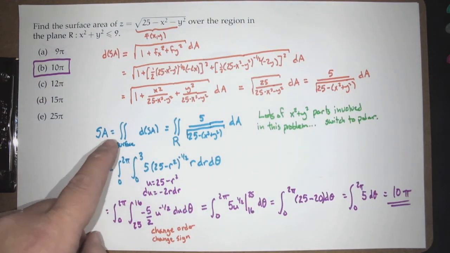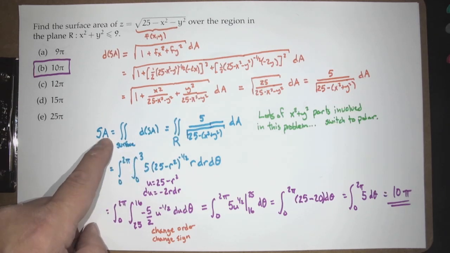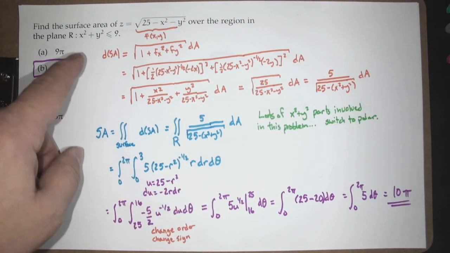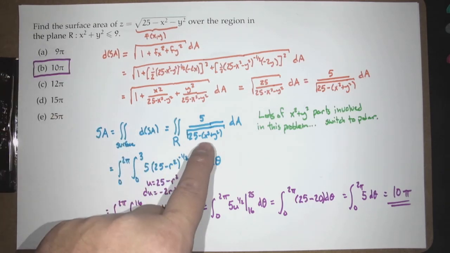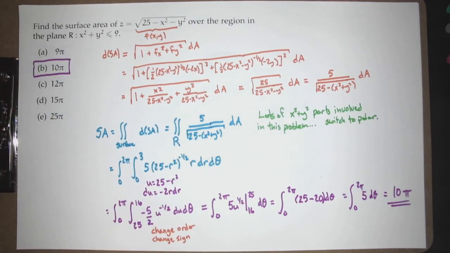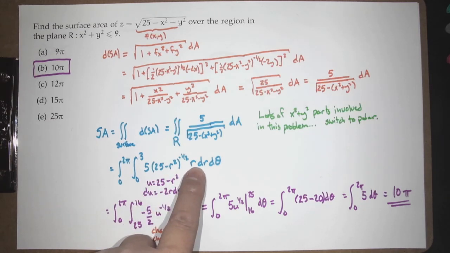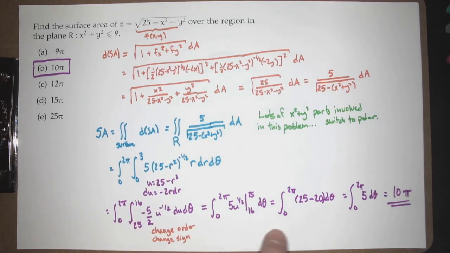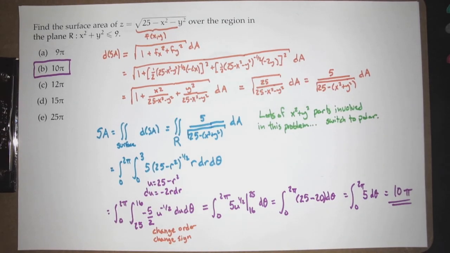So when we're trying to integrate for finding our surface area, we have to integrate this expression here. Well, x squared plus y squared is in our region, x squared plus y squared is in our function. We think polar. We swap to polar, and fortunately for us, there's an r on the outside that gets introduced, so we can do a substitution, carry through the substitution in the computation to get 10 pi.